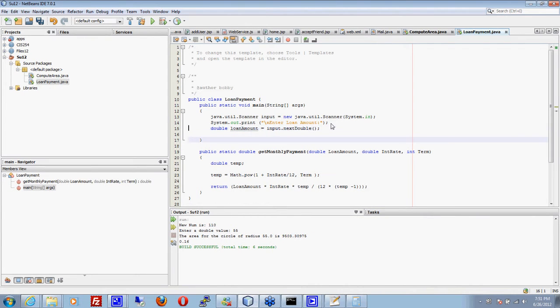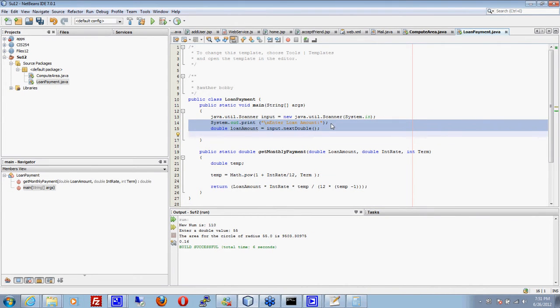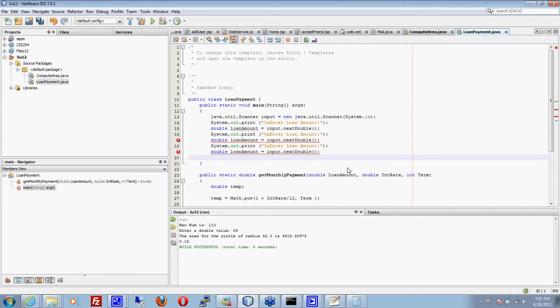And we're going to do the same thing for the other ones, which is interest rate and term. That's generally the amount of months.